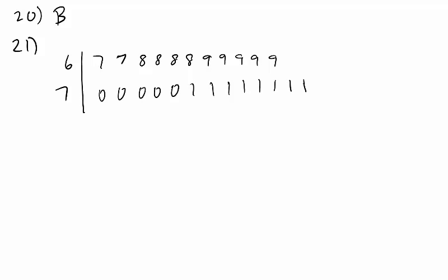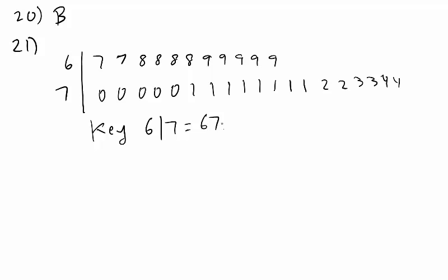And I got 72 twice, 73 twice, and 74 twice. So this is your stem and leaf. Now you have to put a key here for the reader to understand what you're doing. So you just put 6, a vertical line, and tell the reader that that means 67.